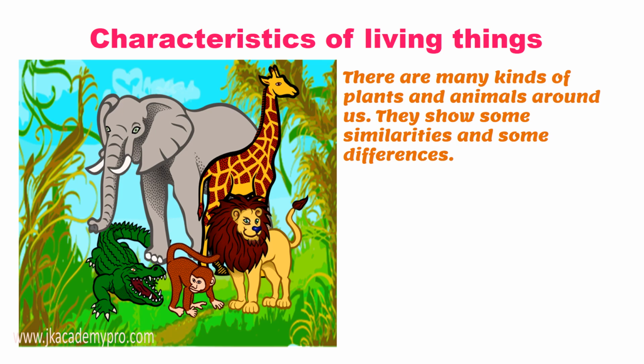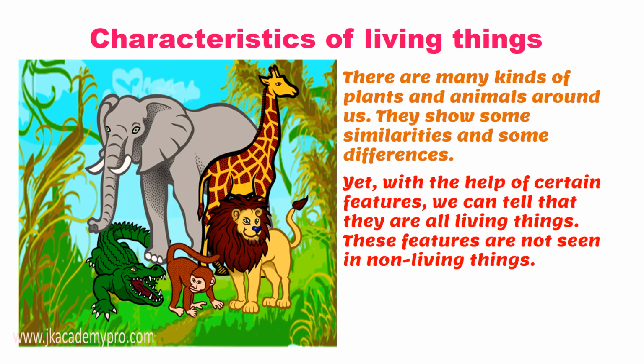There are many things that are the same between plants and animals, and there are many differences as well. Yet, with the help of certain features, we can tell that they are all living things. Now, these features are not seen in non-living things.